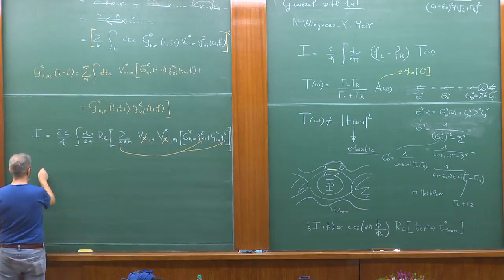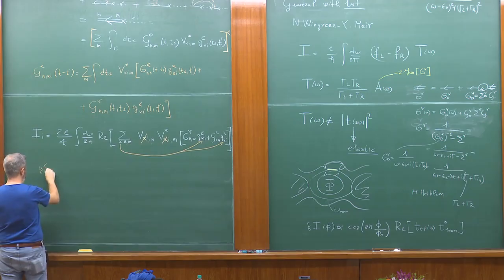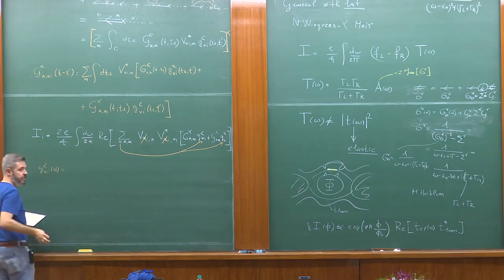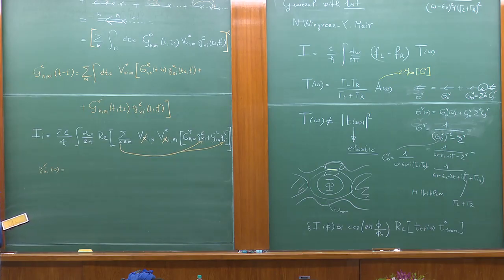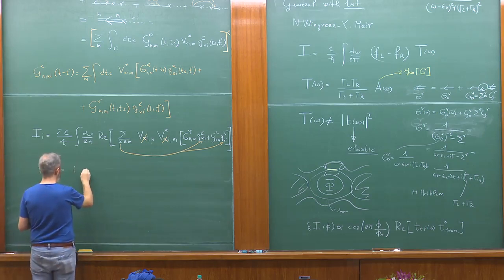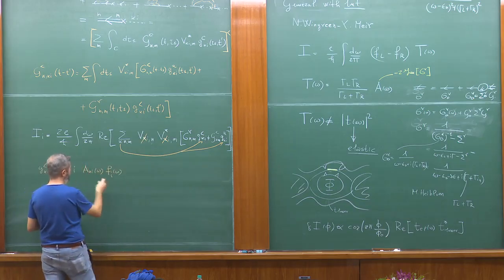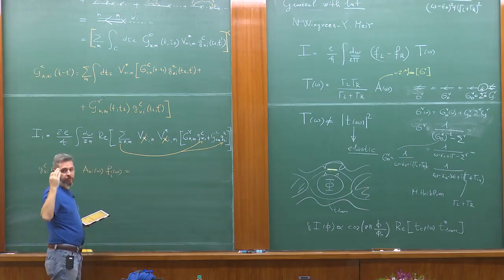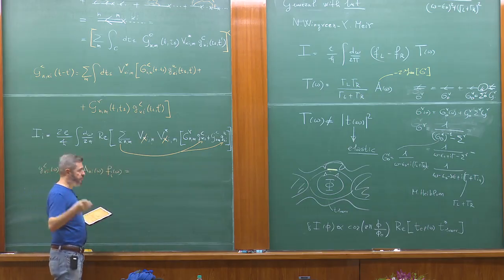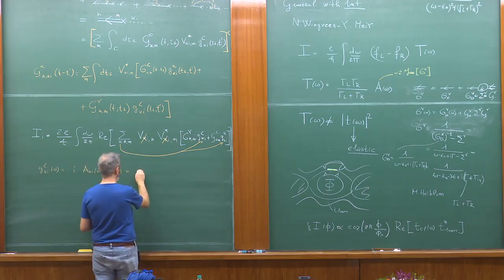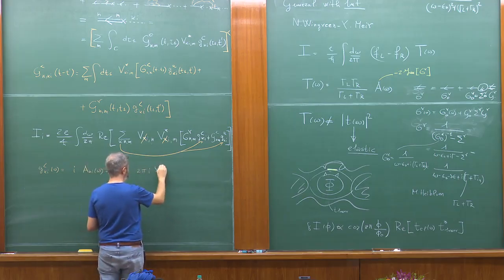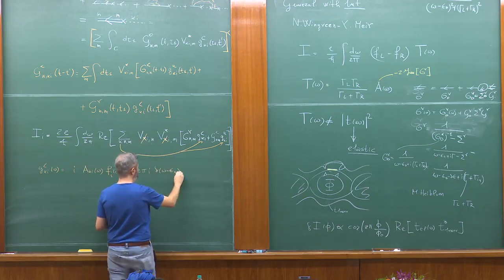First of all, what is G lesser kI of omega? I already wrote it yesterday, but you can immediately write it using the fluctuation dissipation theorem: it's A kI of omega times f I of omega. And A kI of omega for a single level with no coupling to anything is just 2 pi delta of omega minus epsilon k.